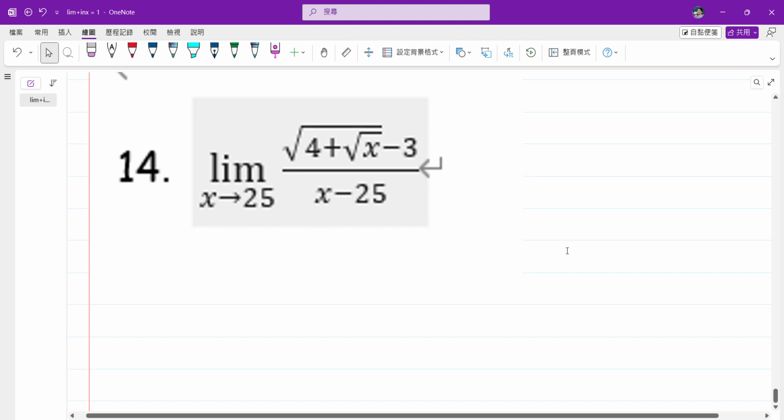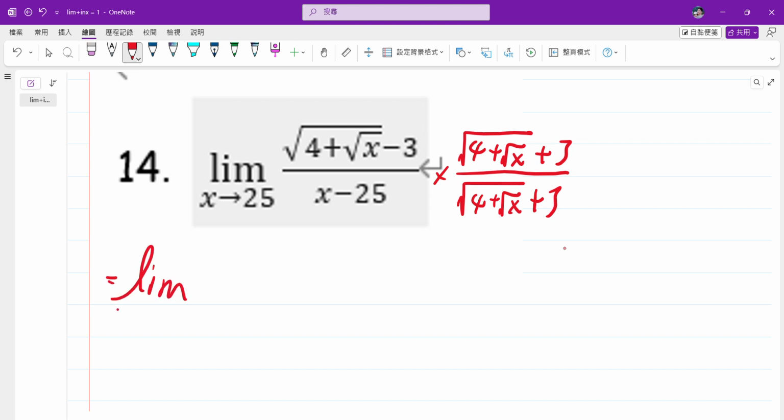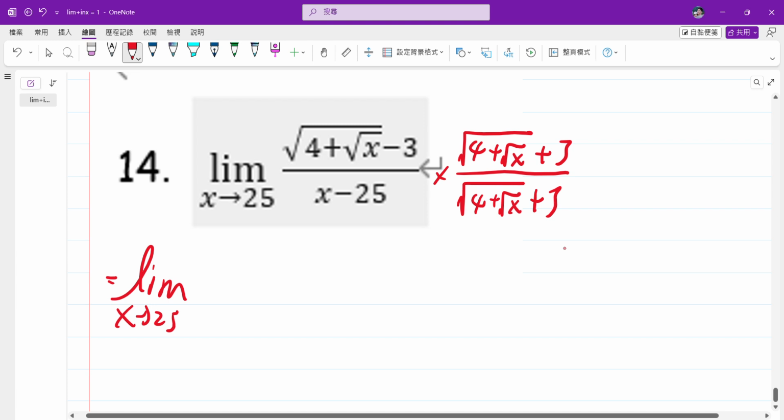Alright, finally, next question. Multiply by the conjugate, right? So that's root of 4 plus root x plus 3, divided by 4 plus root x plus 3, as the limit x approaches 25. Alright, that's a squared minus b squared.